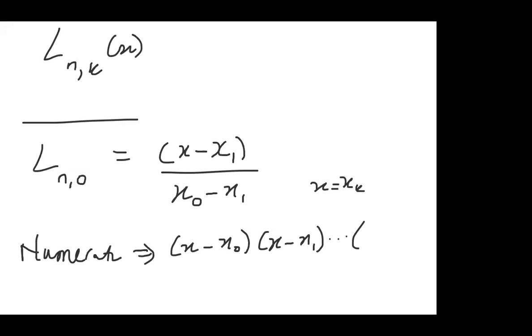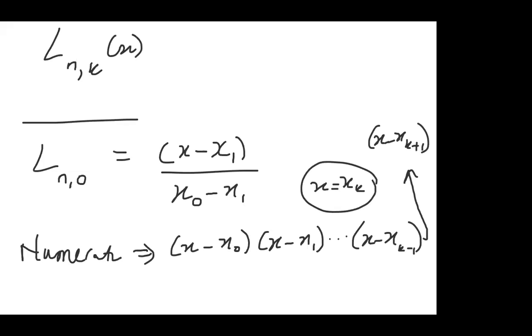So we are going to have x minus x_(k-1) up to there. I've run out of space here, so let me continue on top. The next value will be x minus x_(k+1). So we'll skip the one which would be x minus xk, and then we'll continue up to the last one, which will be x minus xn.